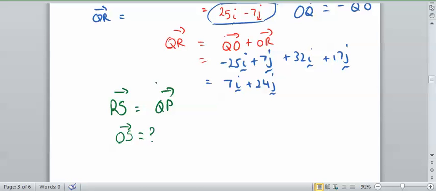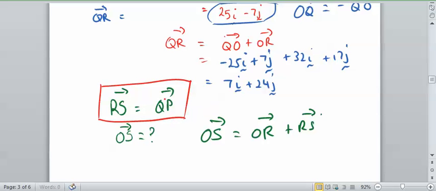Now, OS is the same as O to R plus R to S. Now, wherever we've got an RS, what can we replace it with, really? Replace it with QP. Now, we've found Q to P, haven't we?